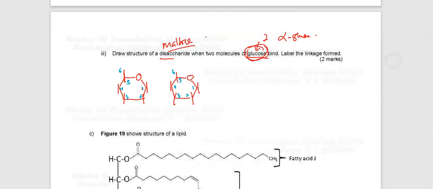Because it is alpha glucose, the OH is below the plane. Same goes to this one. So you remember it like this. This is how I remember: OH is bawah bawah, atas bawah.